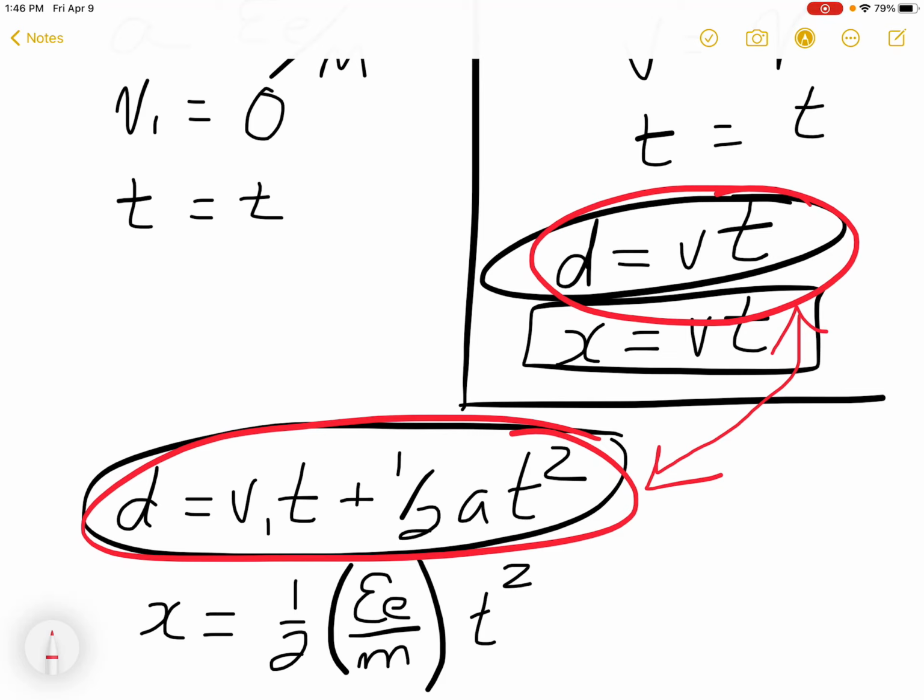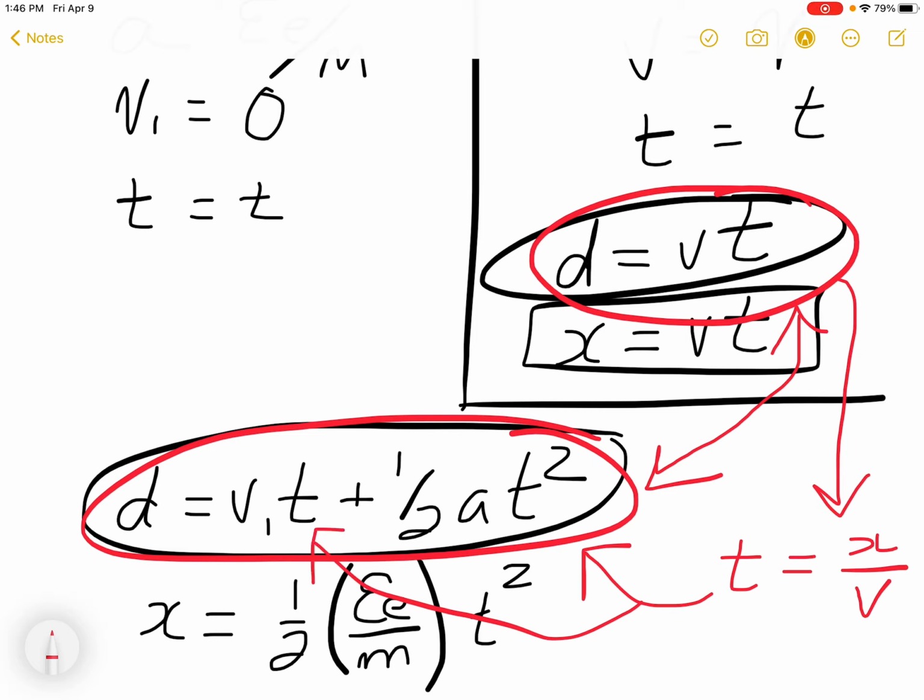We had to work one out as much as we could. And what we usually did is we isolated this one for T. T equals X over V. We usually solved this for T, and then we substituted that into the other equation where the T's were, one there and one there. So what would happen if we did that, if we were trying to solve this question?